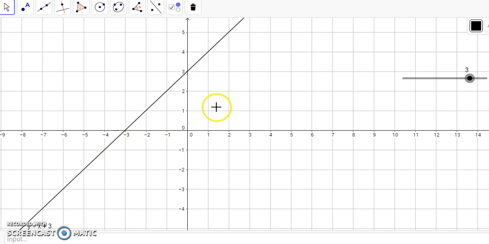Dependent because it's not all the solutions. There is a value of x, so when x is 1, y is 4, so it depends on what x is. When x is 2, y is 5, again it depends on what x is to find out what y is, or vice versa.